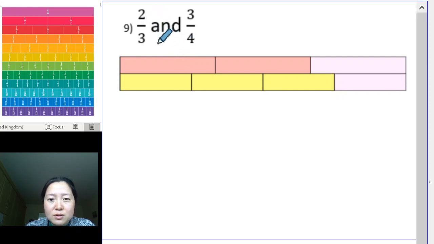Now, if you were to draw the fraction bars for 2/3 and fraction bars for 3/4, if you have a tool or if you use your ruler, very accurately drawn those 2 fraction bars with each piece being the exact equal size within the bar, then you can see that 3/4 is bigger.